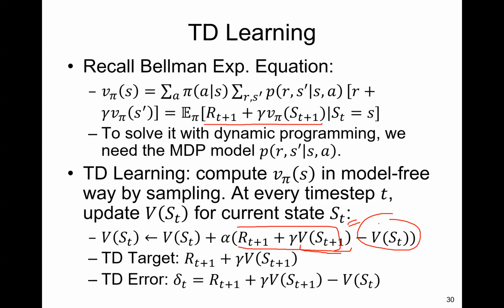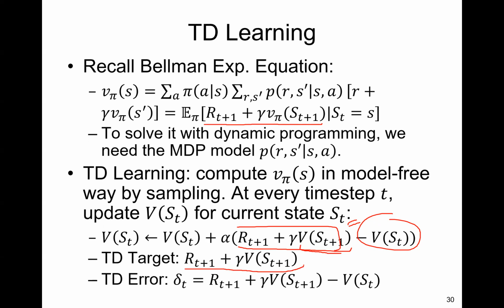The difference is the TD error. You must correct your value function based on the TD error so that eventually you can reduce this TD error to 0 or close to 0. This is called your TD target.